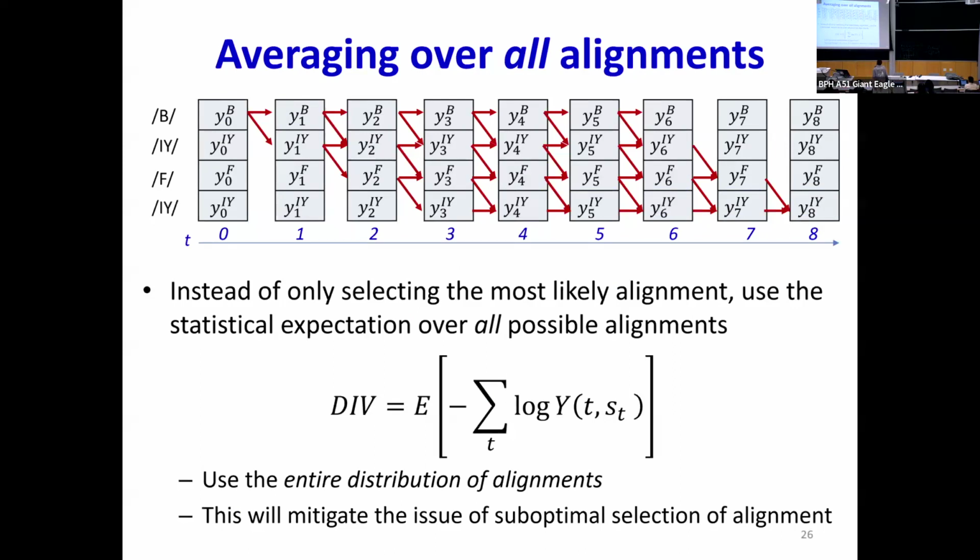But then, for any given alignment, the loss is simply the negative of the sum over all time instants of the loss at the individual instant, right?